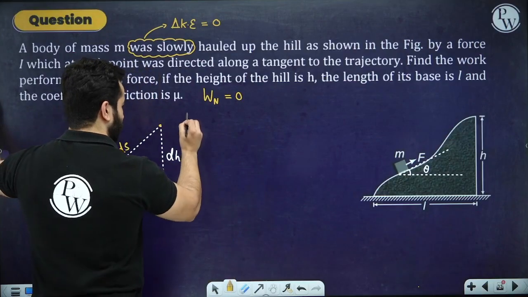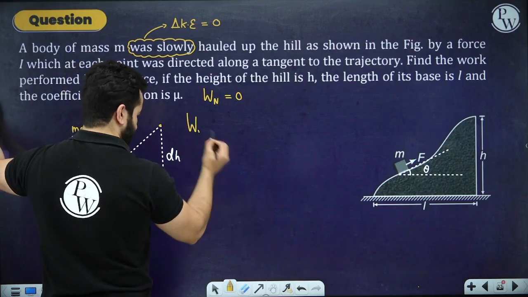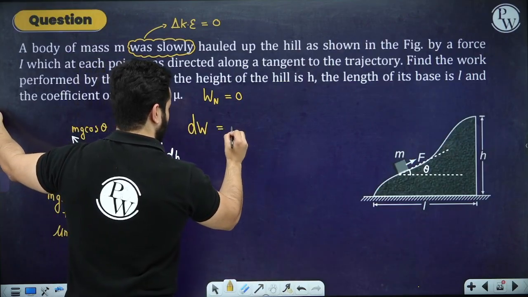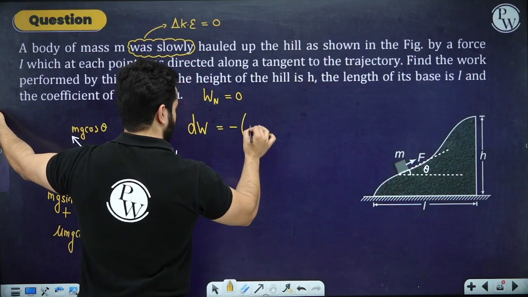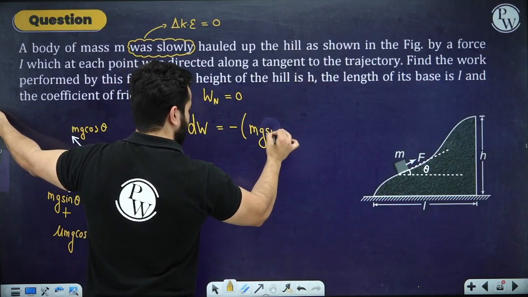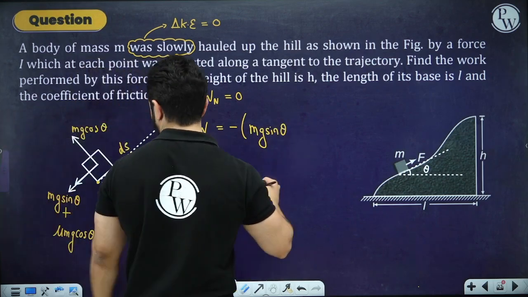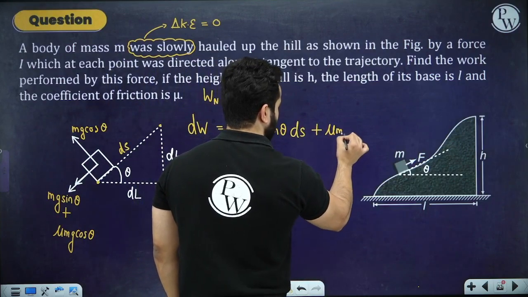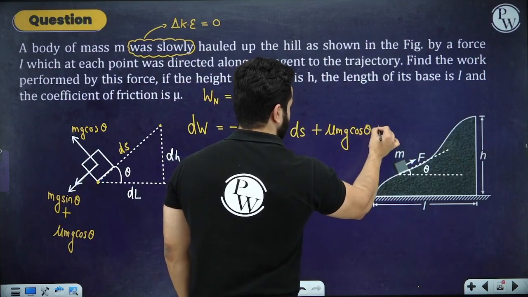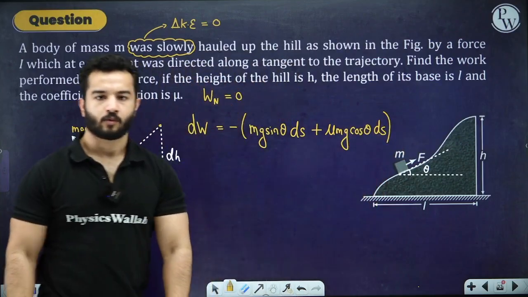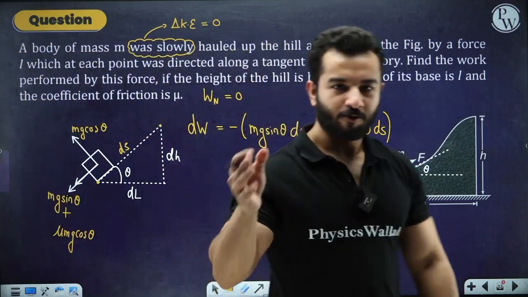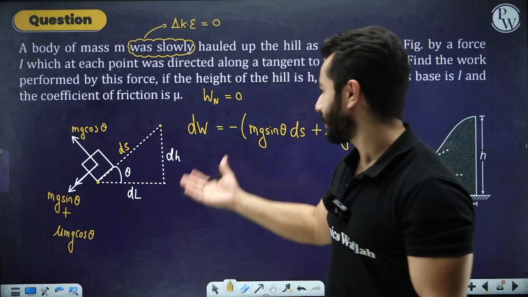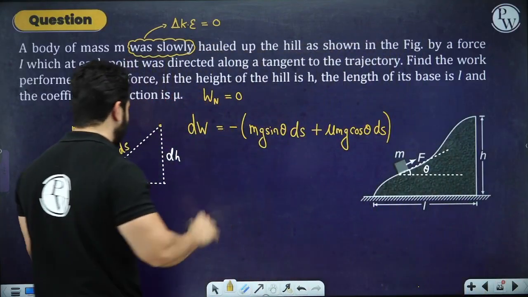The total work done at this small point would be minus mg sin theta times ds plus mu mg cos theta times ds. Hopefully this is all good. Instead of finding work done by mg and work done by friction force separately, I have just written it like this, right? You can do it by that also.